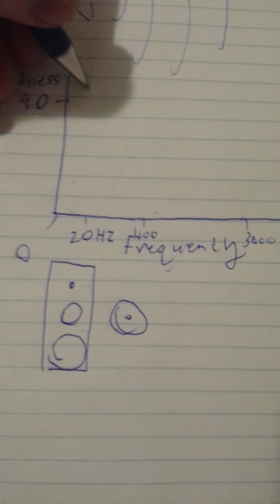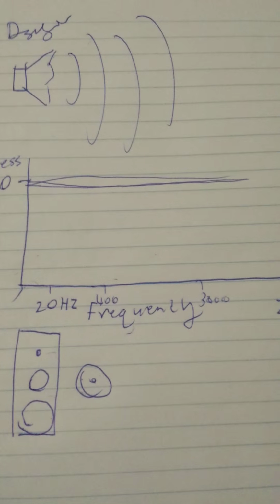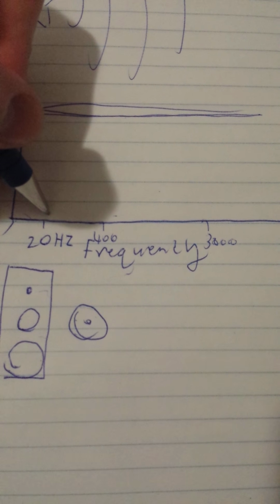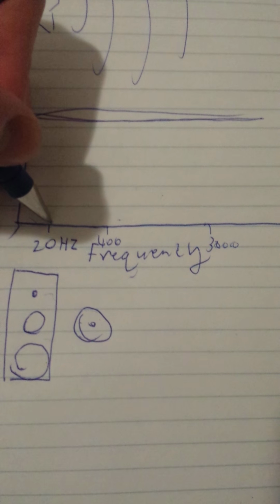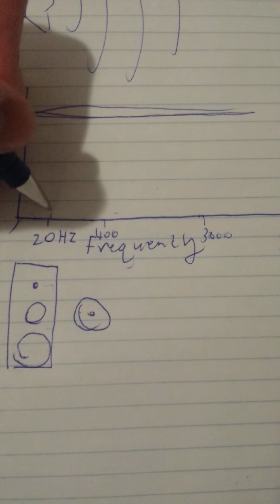So usually there's a reference line at the baseline sensitivity. That's the sensitivity that's listed by the driver manufacturer. So for a full range driver, it's usually going to look something like this.